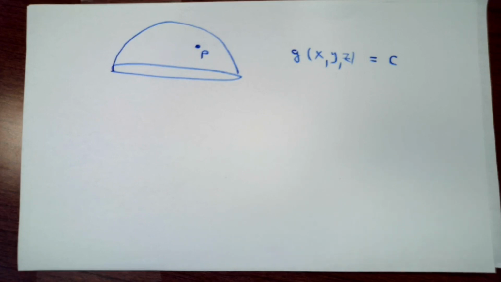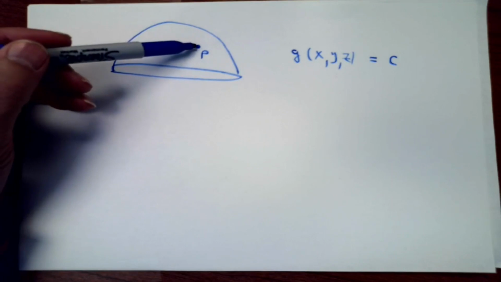Now, I want to imagine that I have some surface, and I'm describing it by some equation, g of x, y, and z equals a constant. We can always achieve such a thing by subtracting one side of an equation from another.